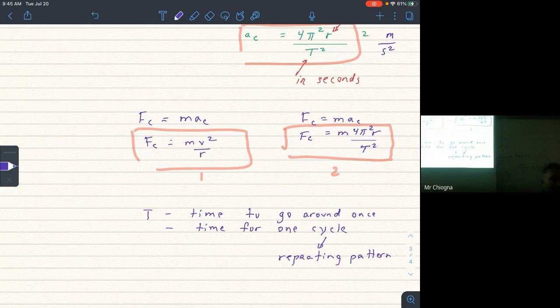Second cycle, third cycle. Any repeating pattern is a cycle. A car wheel going around once is a pattern; going around twice is the second pattern. Tapping on something at a constant rate, the time between those taps is a period.